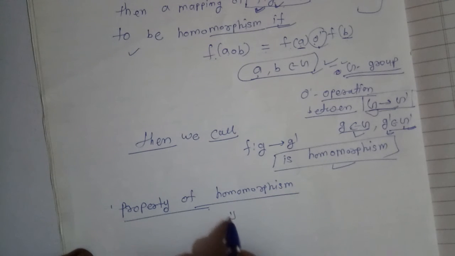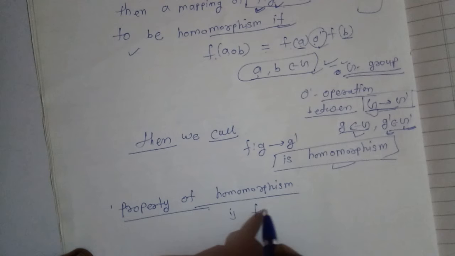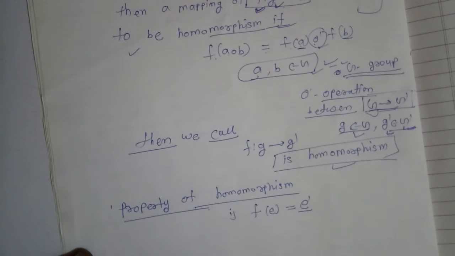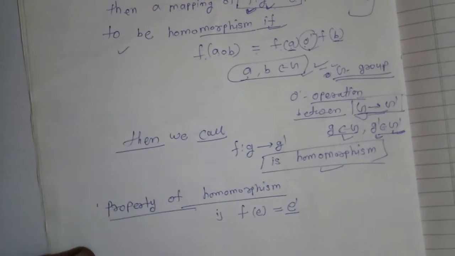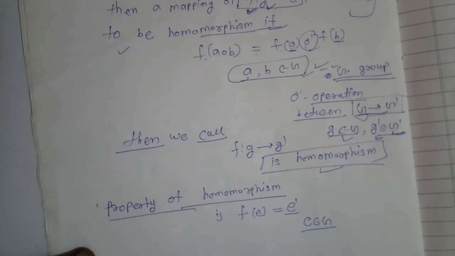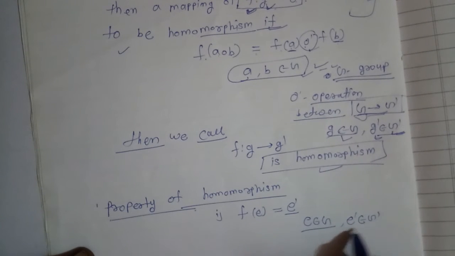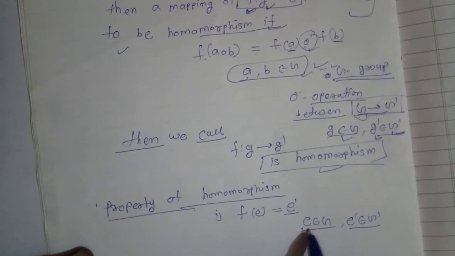The first property is f(e) is equal to e'. Okay, and what are e and e'? e is an element of group G, and e' is an element of group G'.